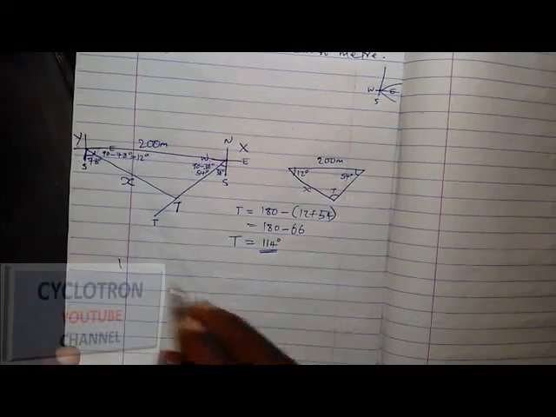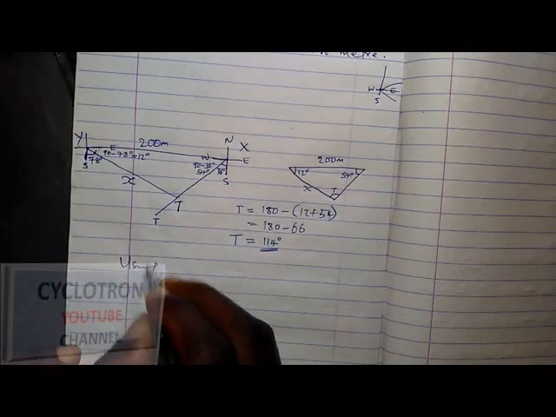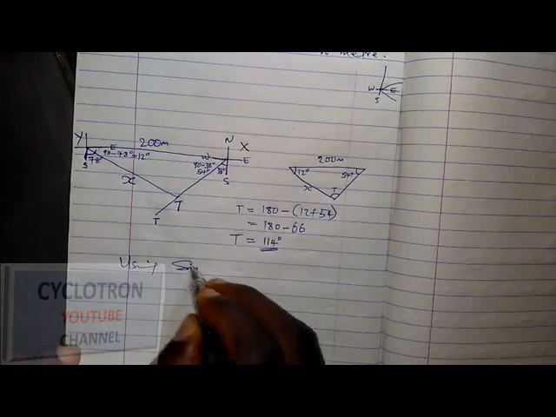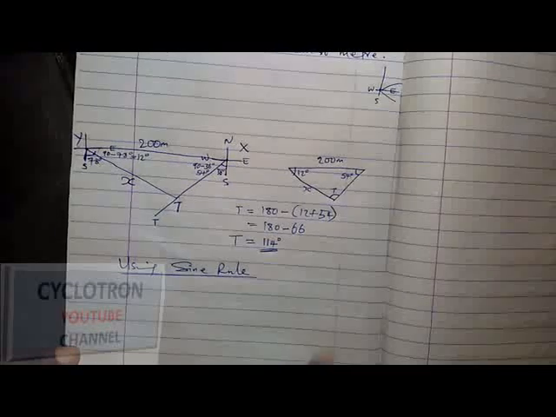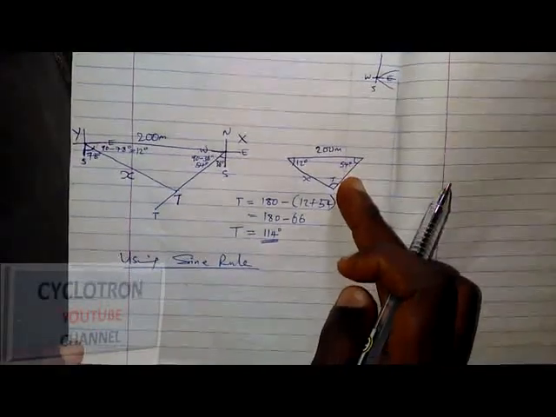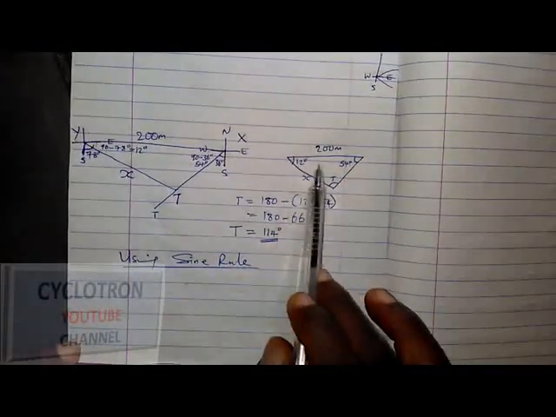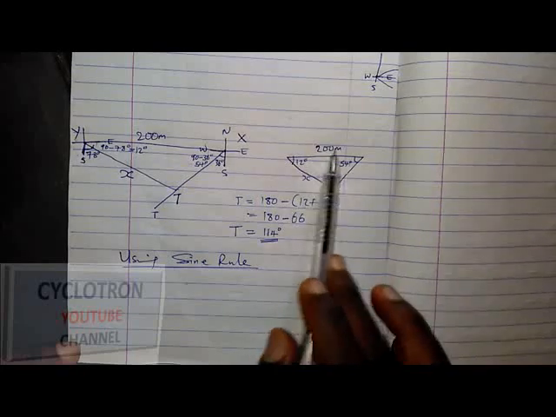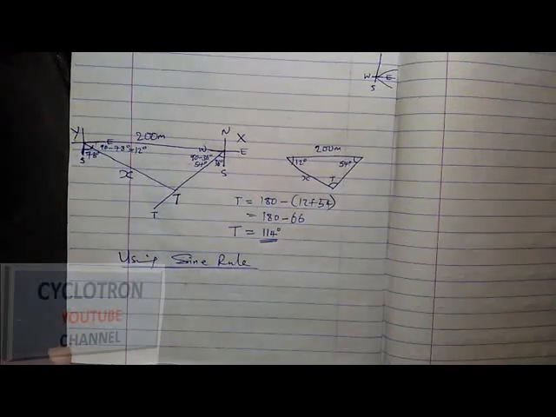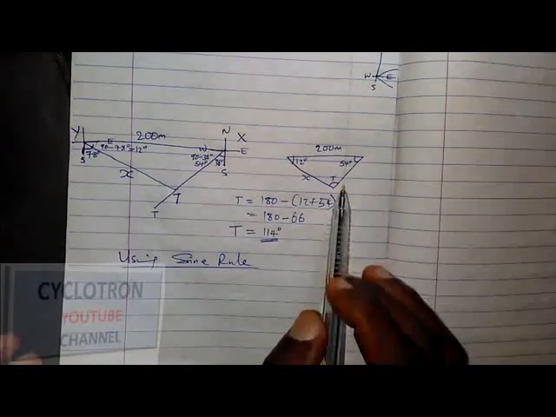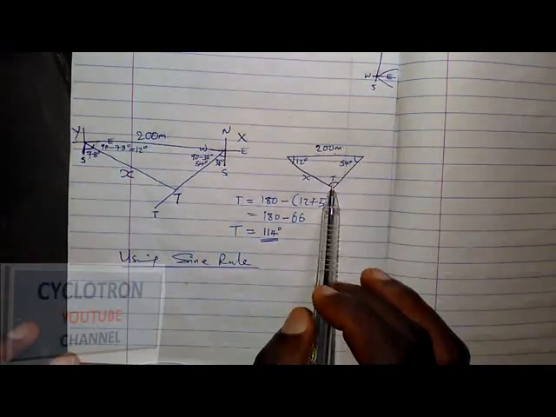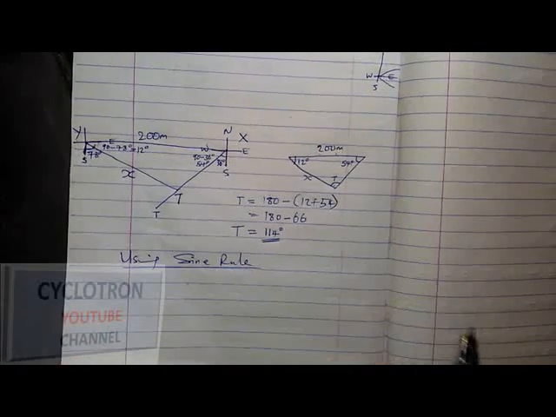Using sine rule for this triangle. We know all the three angles, we know one side. Now to use sine rule, you need a complete set. There's a side and an angle in the formula of sine rule.